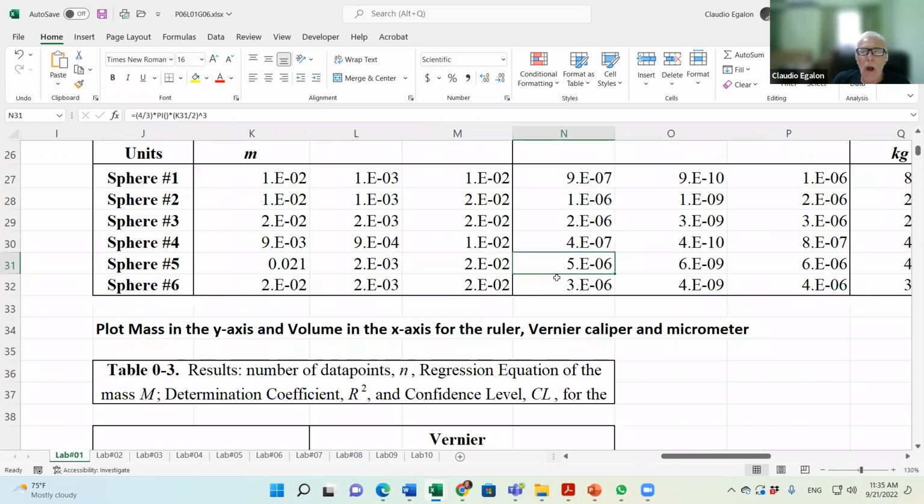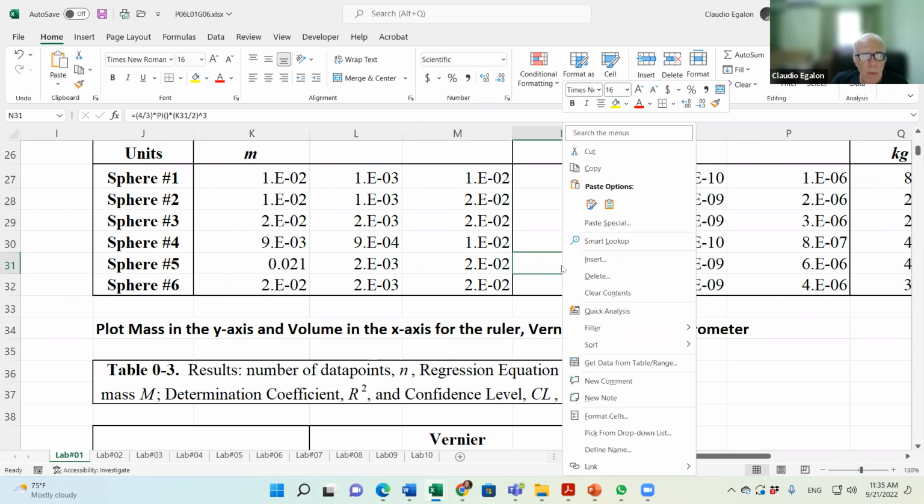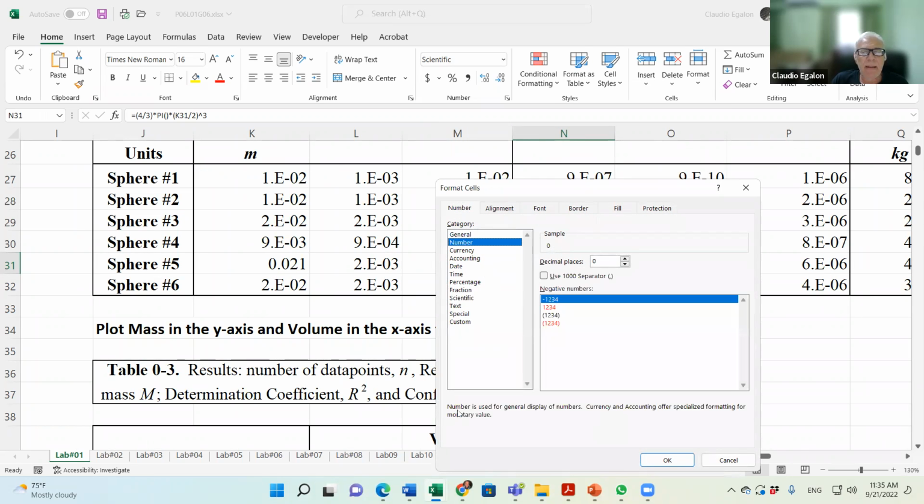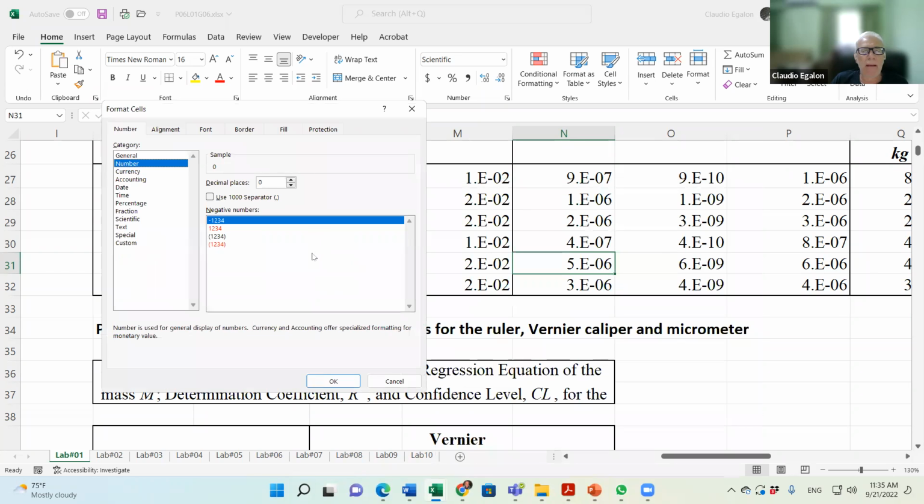Because this number here is less than 1,000, I'm going to report it with 2 significant figures only, as a number in the number format. Let's see how many decimal places we have to add to see 2 significant figures. Follow the number right in here, the number reported in the cell.